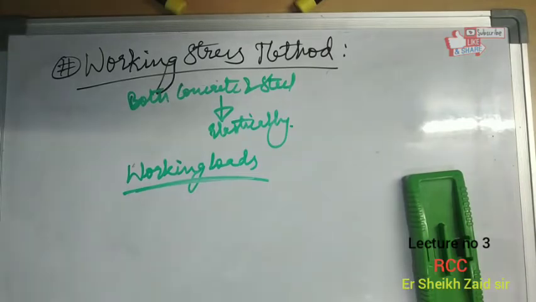Moreover, the allowable stresses or permissible stresses are obtained by dividing the limiting stress of the material by a factor of safety. IS 456 provides a factor of safety against attainment of upper limiting stresses such as ultimate compressive stress for concrete and yield stress for steel, which we will discuss in further lectures.